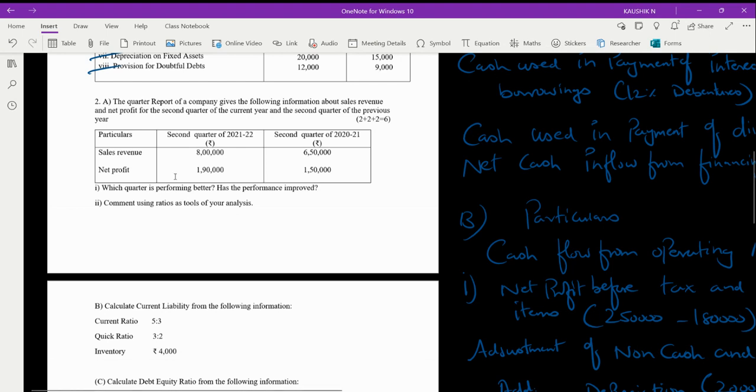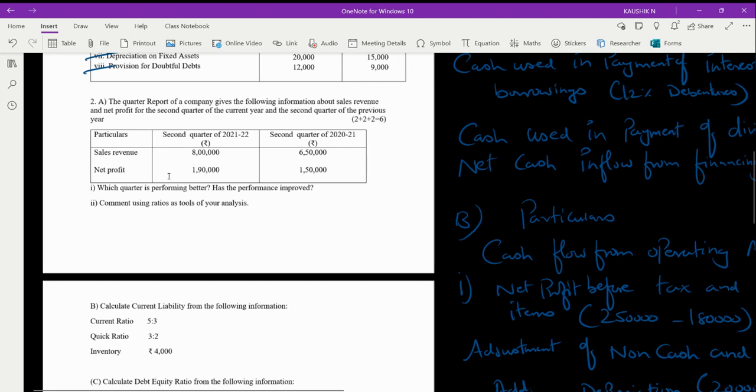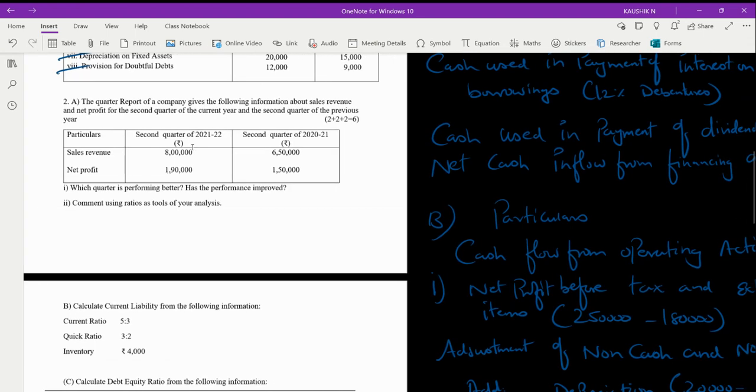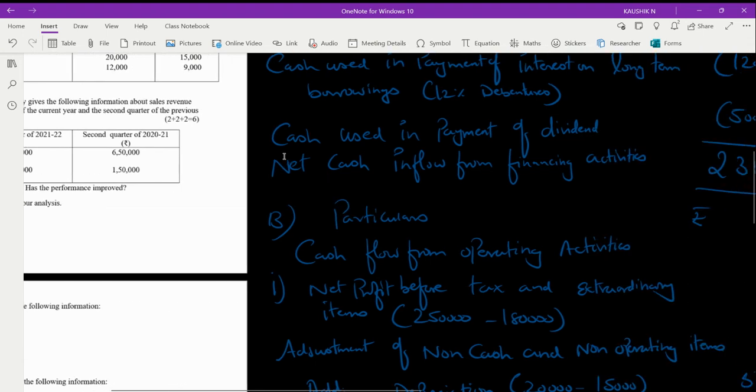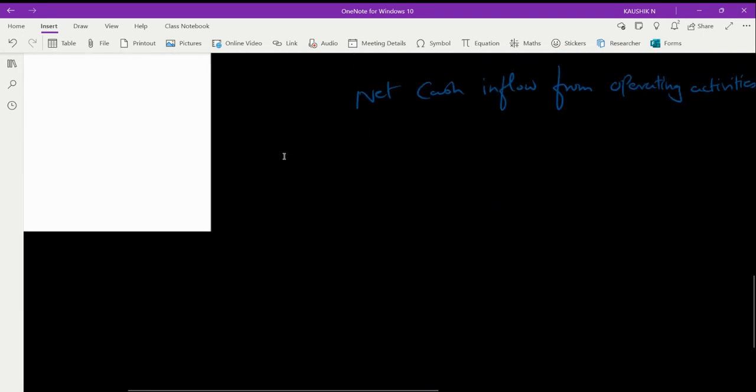So net profit divided by the sales into 100, you calculate it for the year 2021-22 and for 2020-2021. So that will give you the percentages. Okay, so you calculate it separately for this segment and this segment. So I'm going to do that calculation right now here.